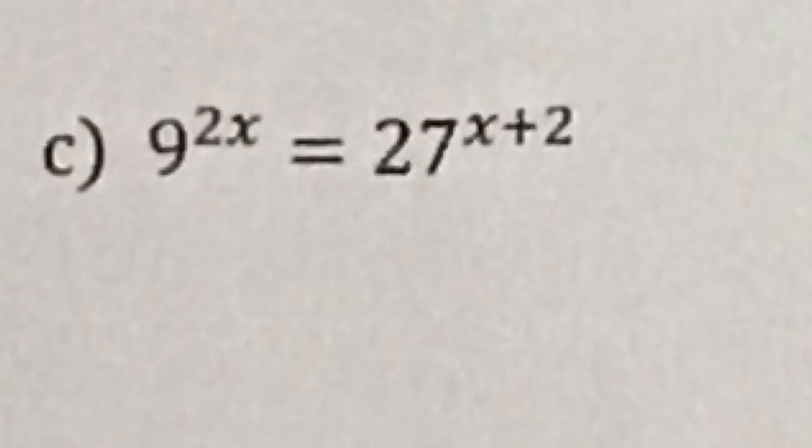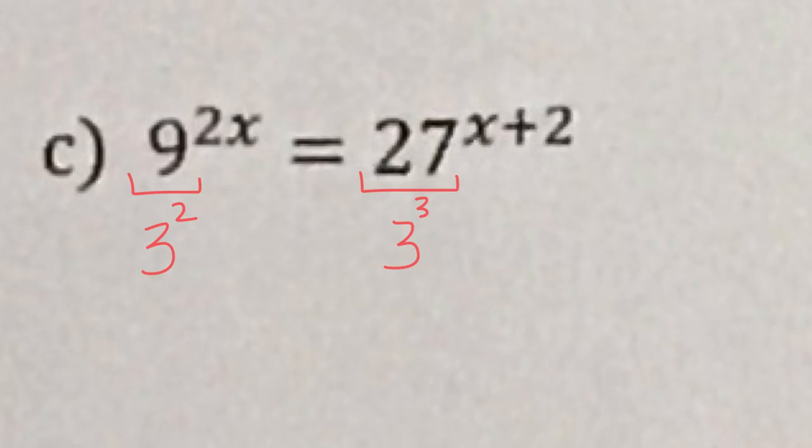So this next one, I have 9 and 27. Okay, I can't write 9 as base 27, and I can't write 27 as base 9. So you have to know, right? You need to know that 9 is 3 to the second power. And you have to know that 27 is 3 to the third power, right?